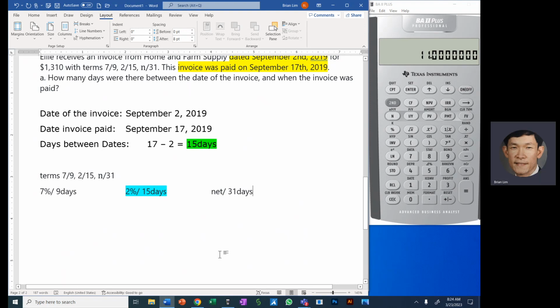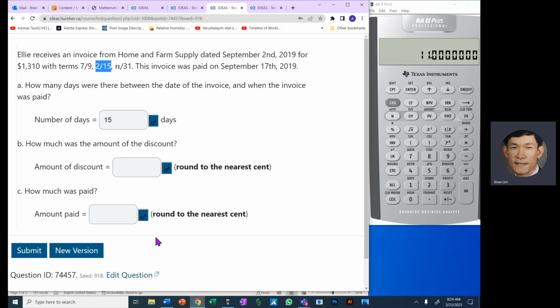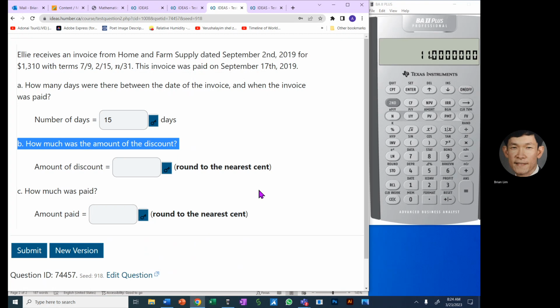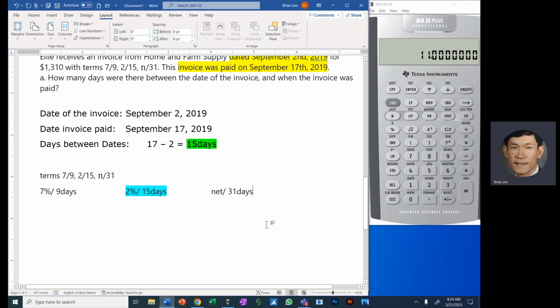All right, so what is the next part of the question? How much was the amount of the discount? So the amount of the discount, let's come in here and paste it.